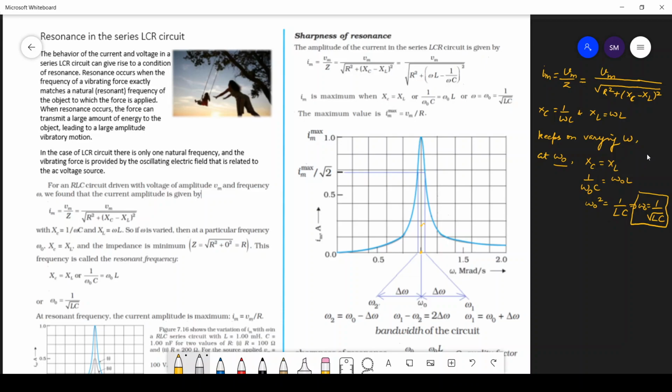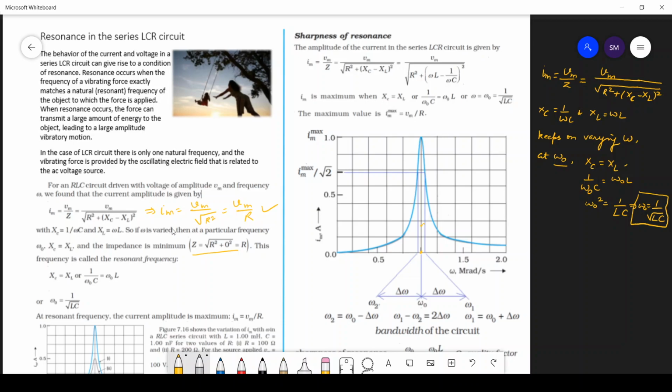And you know that when Xc is equal to XL, the impedance will be, so it will be cancelled out, and we are left with Im equals Vm upon root R square, that is equal to R. So this is what the maximum amplitude is.